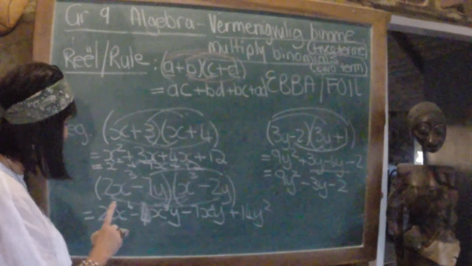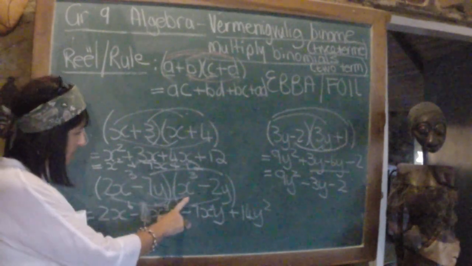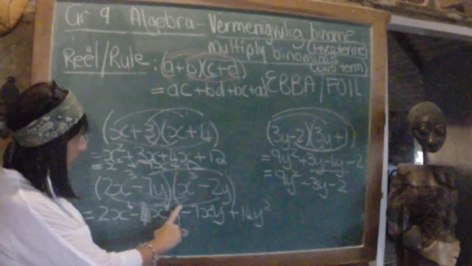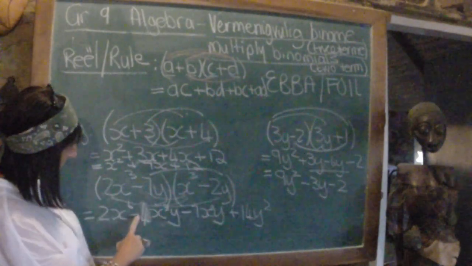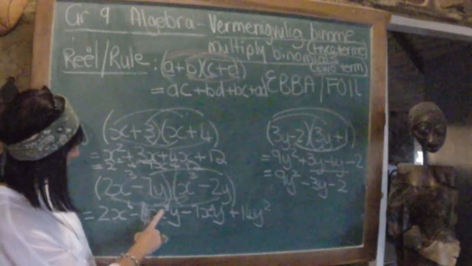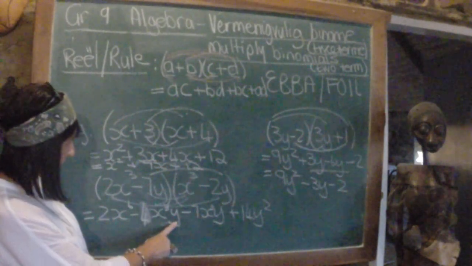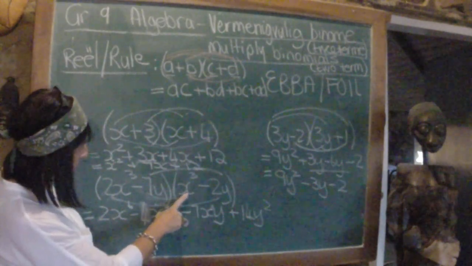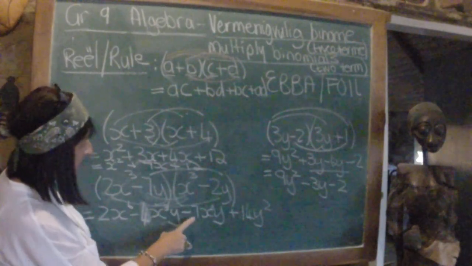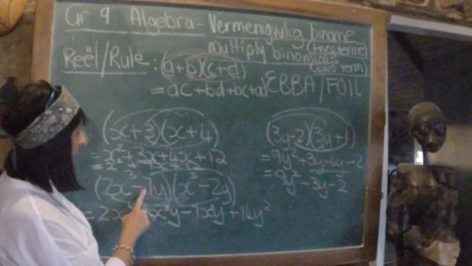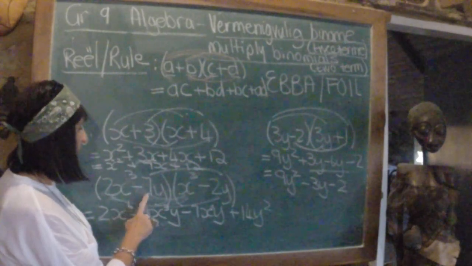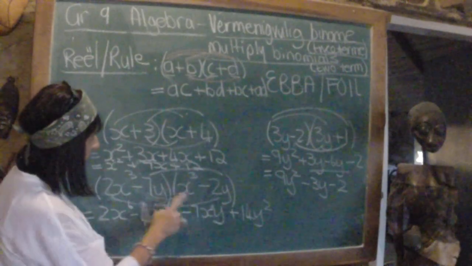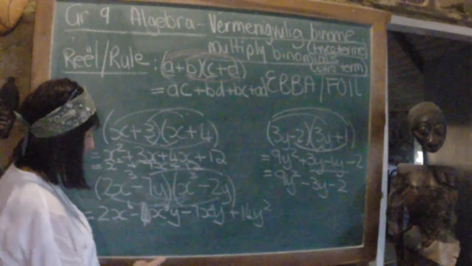Kom ons doen dit weer in Afrikaans. 2x tot die mag 3 maal x tot die mag 3 is 2x tot die mag 6. 2x tot die mag 3 maal minus 2y gee vir my minus 4x tot die derde mag y, and then we've got minus 7y times x cubed, minus 7y maal x tot die mag 3 gee minus 7x tot die 3 y, en dan ons laastes of ons agterstes is 'n min maal 'n min gee plus 7 maal 2 is 14y kwadraat.